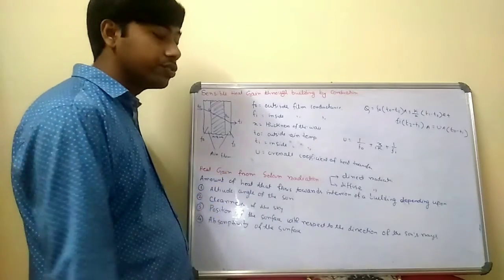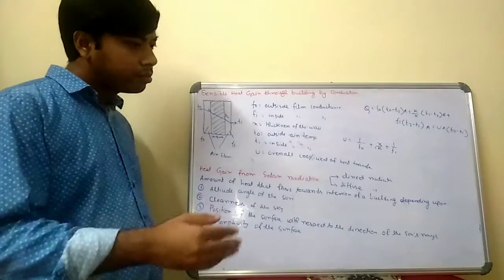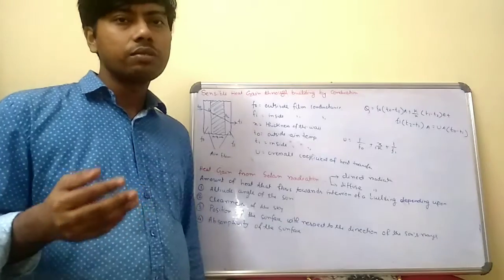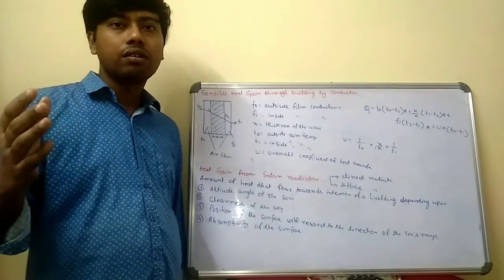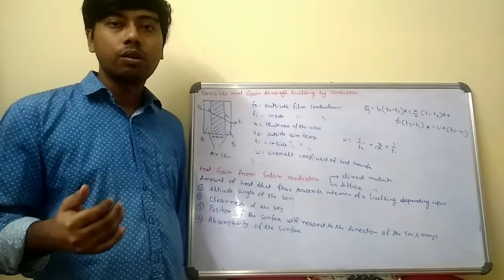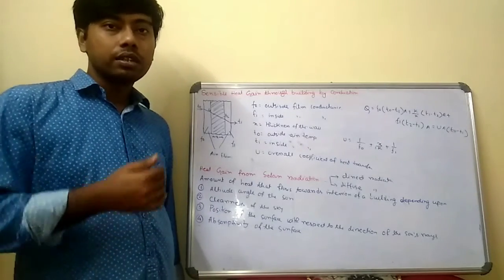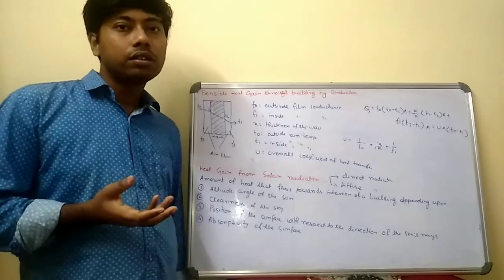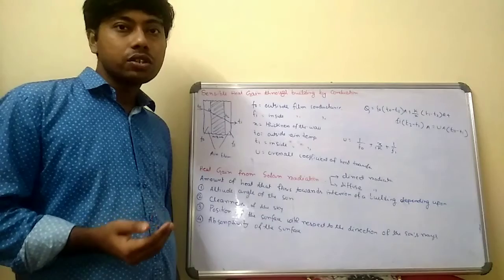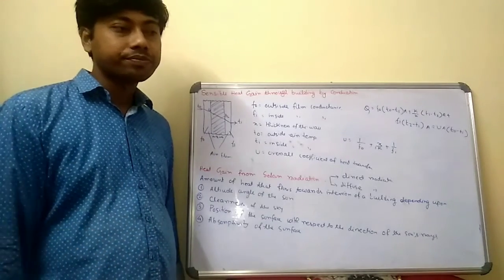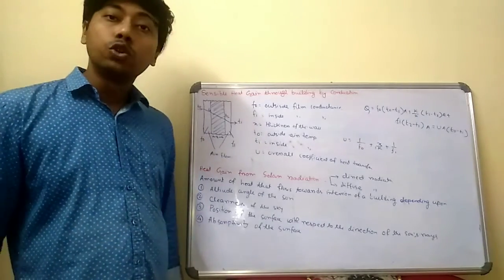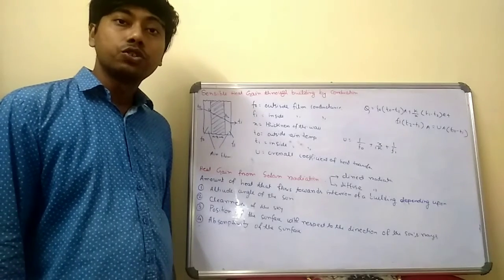Then it is called diffusion radiation. But the main thing is that when the sun rays come from the sun and impinge on the surface of the wall, there are some factors depending on the intensity of the sun rays, which can increase the temperature of the room or spaces where it is to be air conditioned.